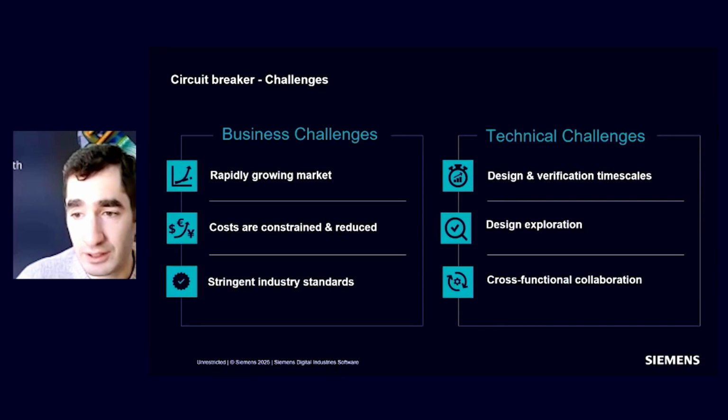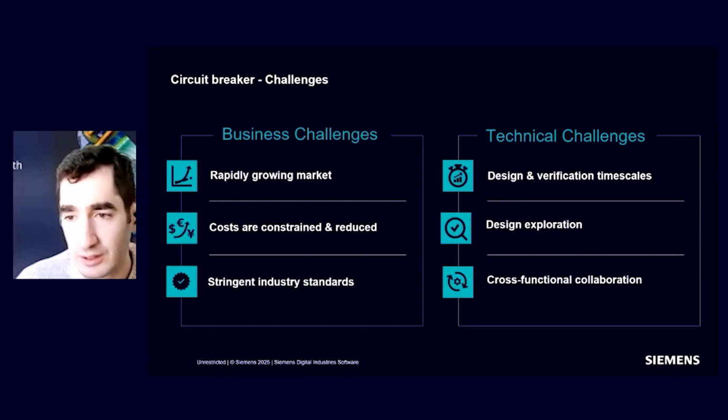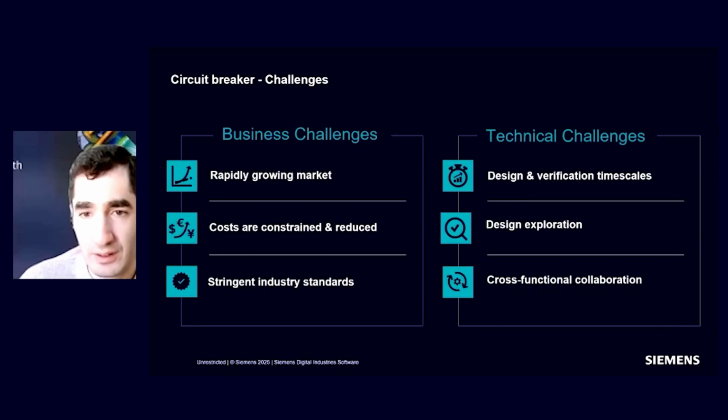Then let's have a look at the technical challenges. We have time scales for design and verification. We have manually intensive work, limited automation, and time to market is increasing. We have design exploration, so the ability to assess component troubleshooting and at the same time validate design changes at an early stage.